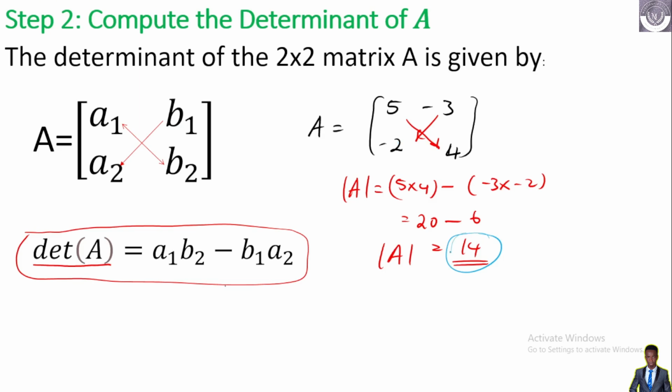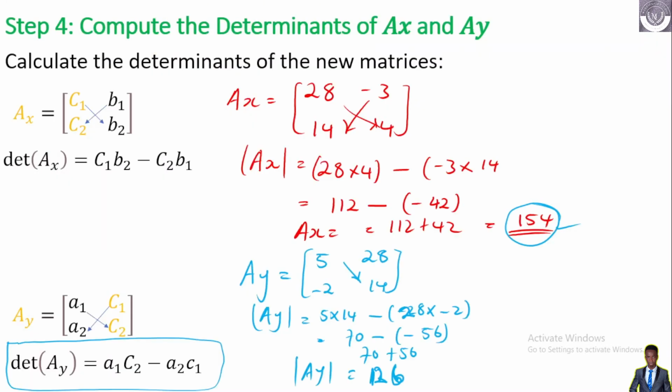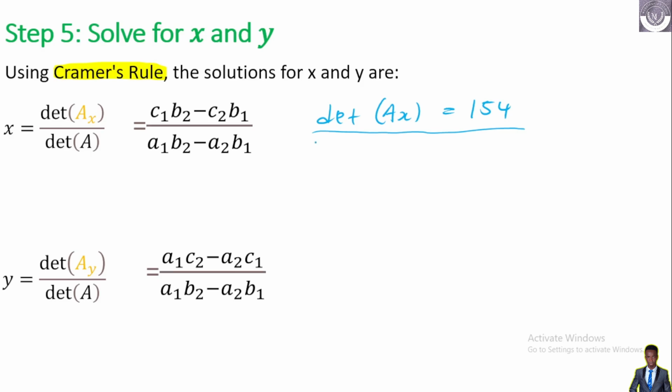So this is the determinant of A, from the original matrix in which we do not replace any column to find AX and AY. So it's 14. So the determinant of A is equal to 14.